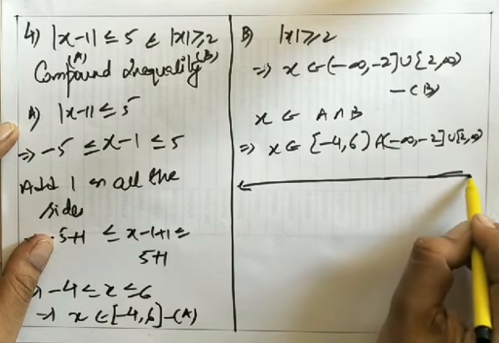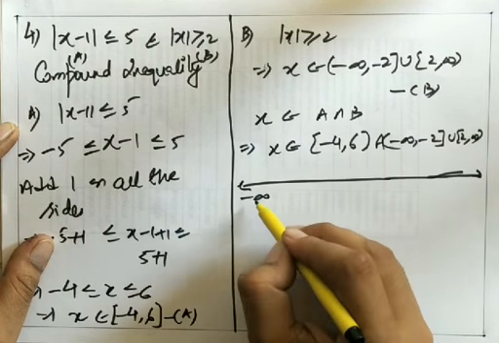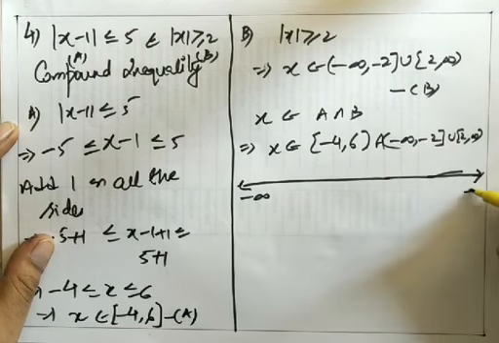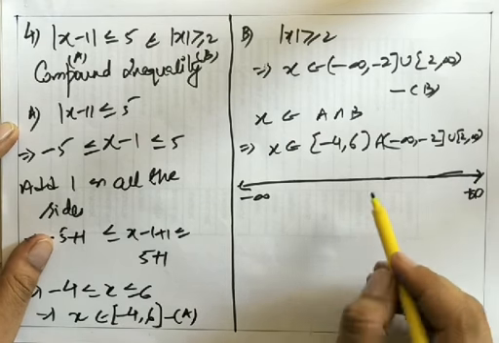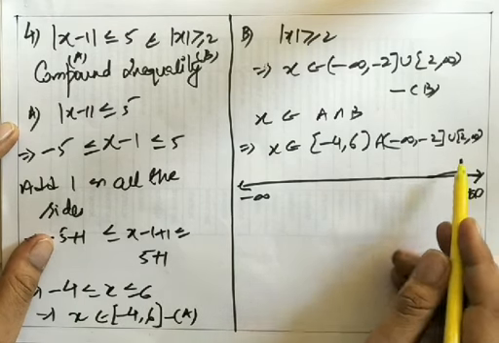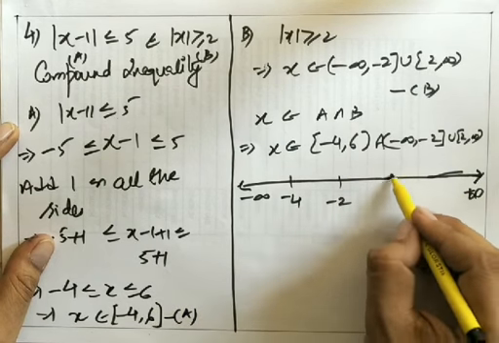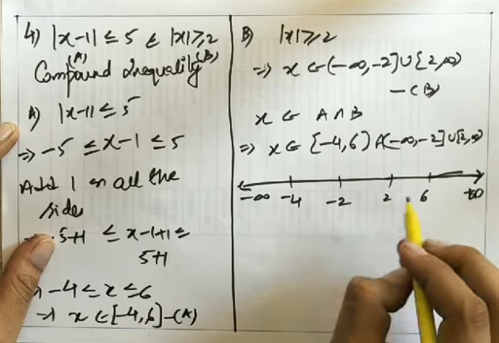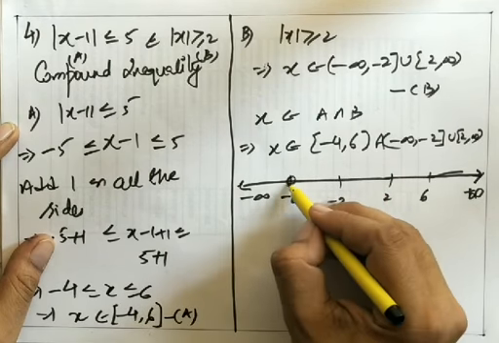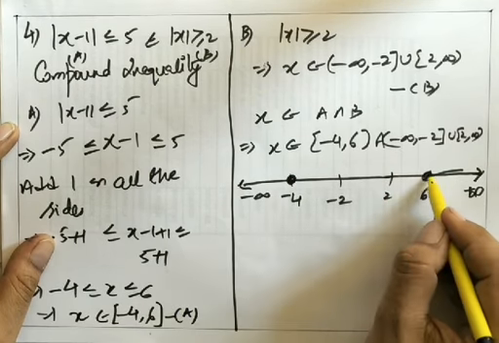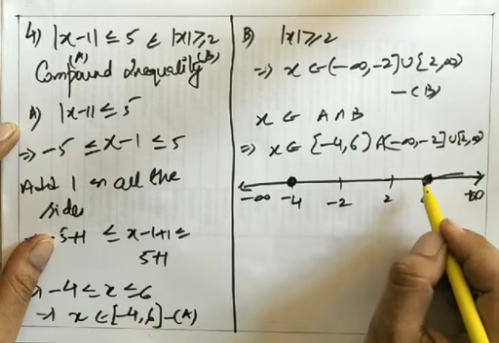suppose this is a real number line, this is minus infinity and this is plus infinity. So we have minus 4, 6, minus 2 and 2. So suppose this is minus 4, this is minus 2, this is 2 and this is 6. Now minus 4 and 6 are closed brackets, and minus 2 and 2 are also closed brackets.